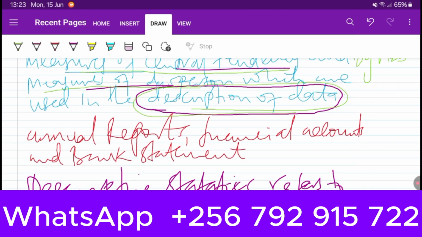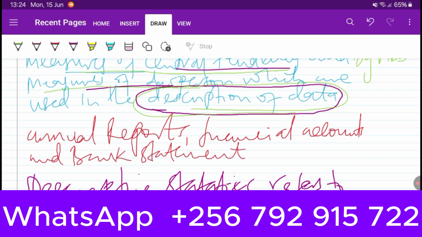So when managers and decision makers, like the CEOs, are presenting their reports, they always indicate these graphs, they always indicate the tables to illustrate or to describe a given set of data. It could be income, it could be assets of the business, it could be future projections of sales, cash, and other kinds of aspects that are going to be presented in either tables or using graphs or using any other computations.